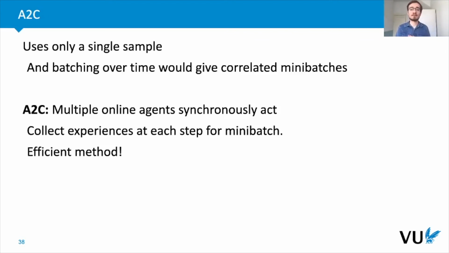This is a very efficient method. It actually does really well. It's pretty simple to implement compared to many other reinforcement learning methods that really require a lot of tricks, but it still does fairly well if you tune the networks properly.